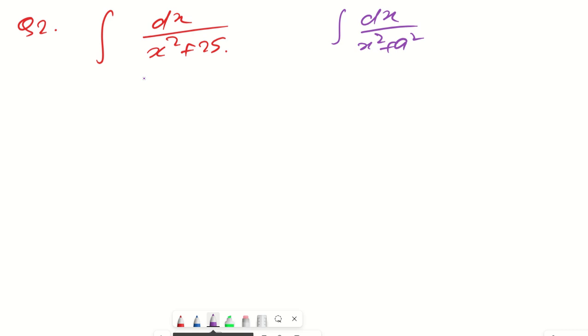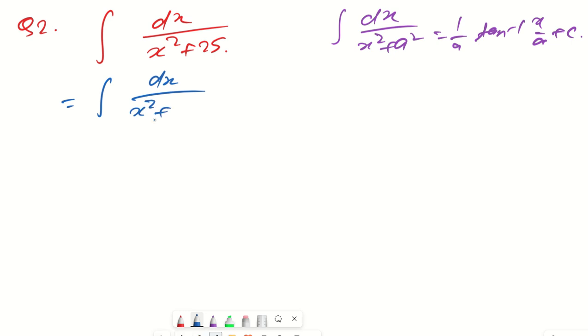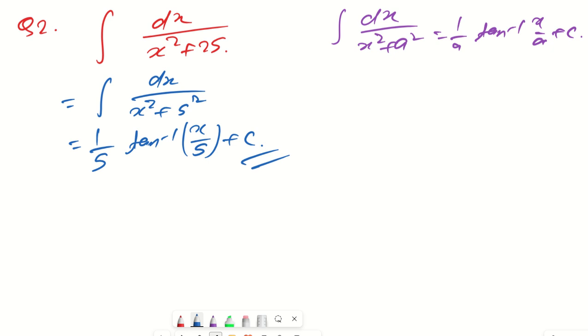We know that it was 1 by a tan inverse of x by a plus some constant c. So in that case, what we can do here is write it in terms of integration of dx by x square plus 5 square, and in this way we can write 1 by a, so a is 5, so 1 by 5 tan inverse of x by 5 plus some constant c. So this is the solution.